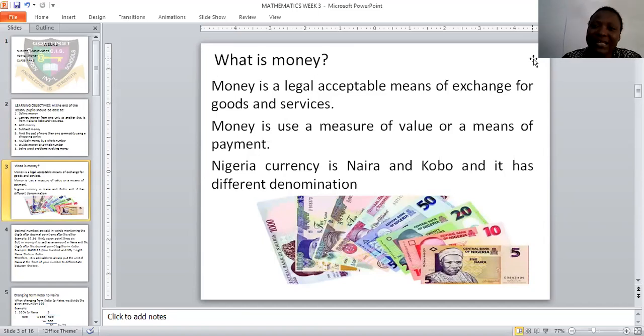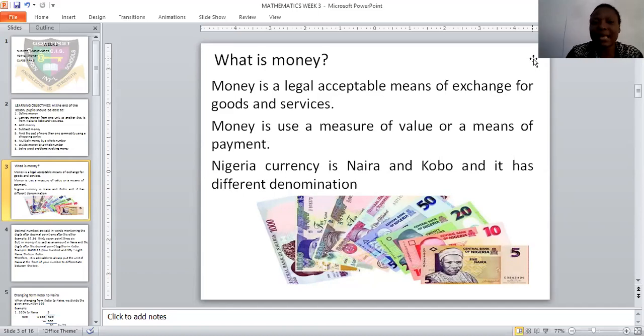And we say one of it is national currency. So money is legal because it has been stamped in that nation as an acceptable means of exchange for goods and services.